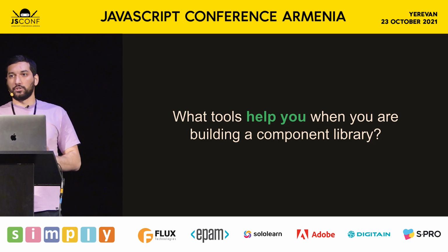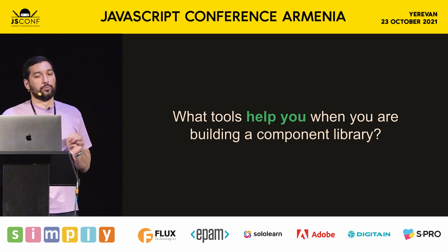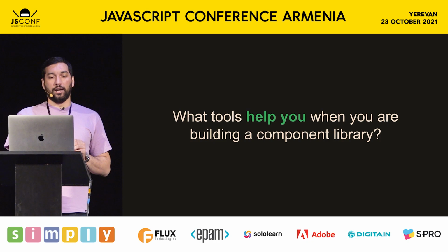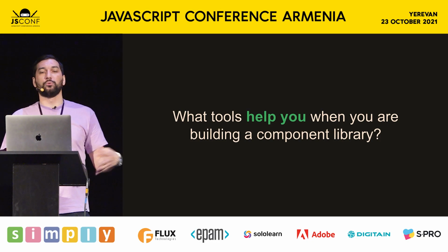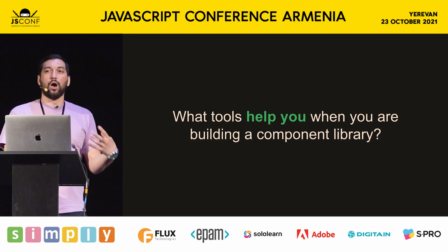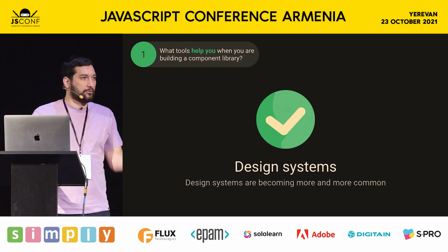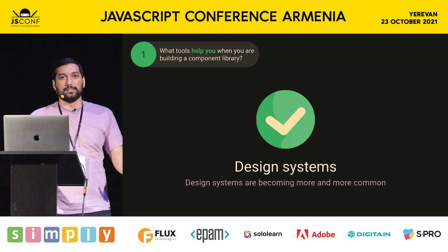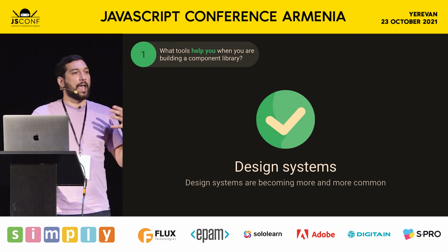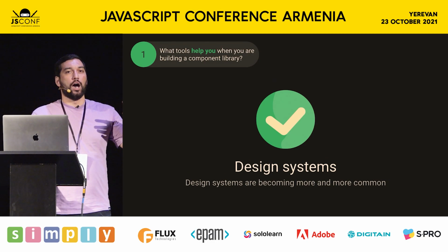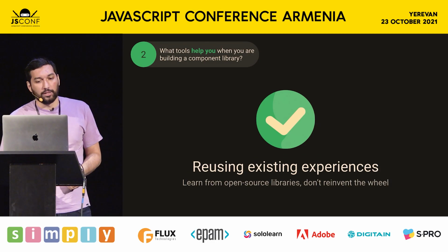And finally, just to quickly wrap things up, we're almost done. I'm going to quickly suggest a few things that can help you with developing a component library, because we have way more experience and way more tools right now than we've ever had. So the first one is the obvious one. We have design systems, experience with design systems, and it's becoming more and more common amongst companies and the design community.